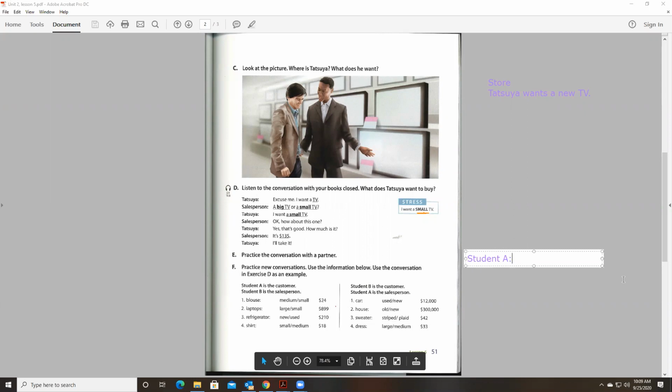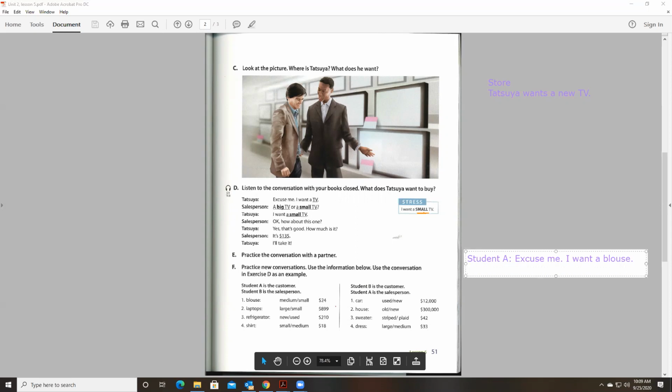So student A will say, excuse me, I want a blouse. Okay, because if you look right here, one, we're talking about a blouse.